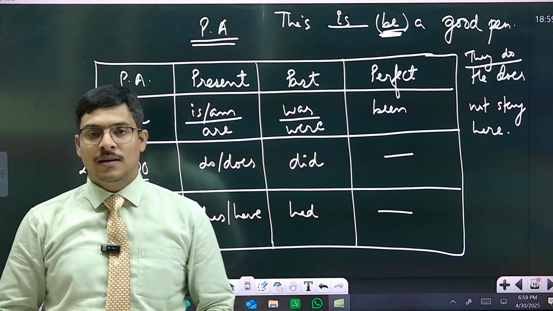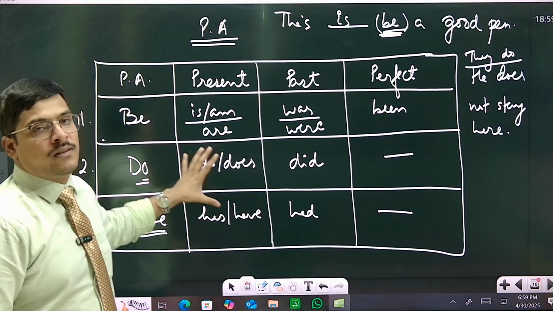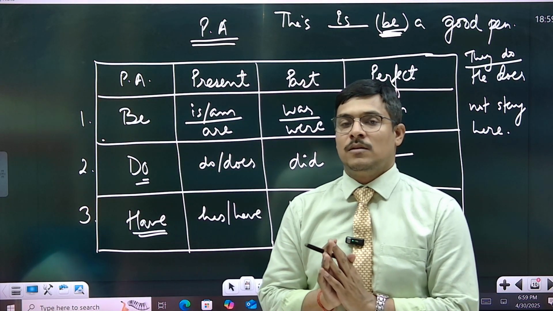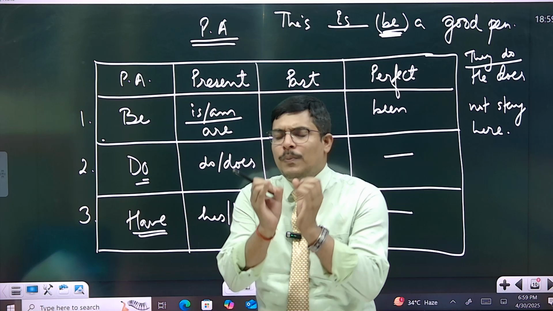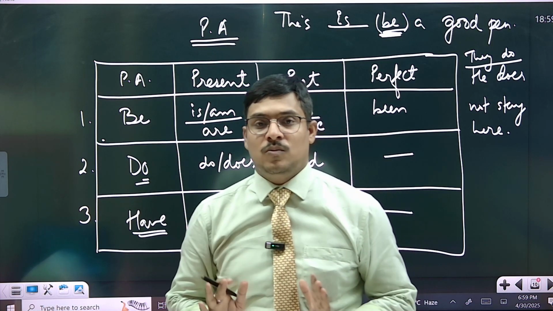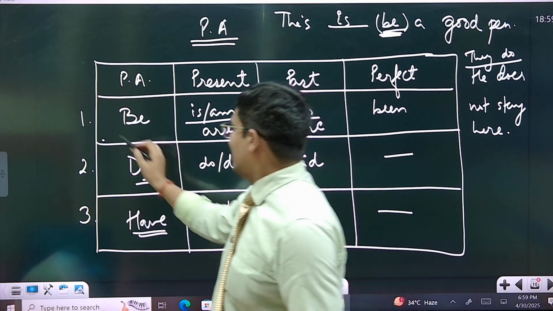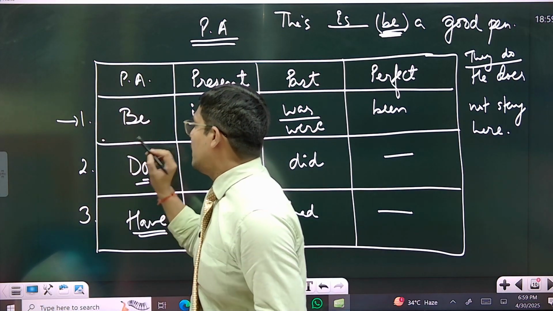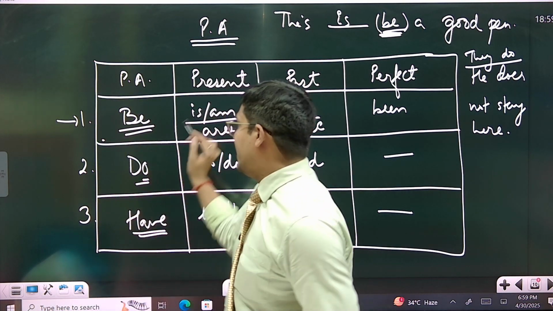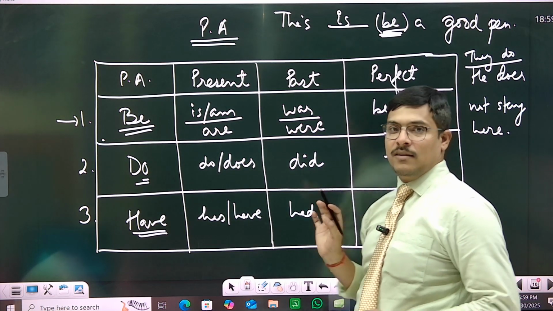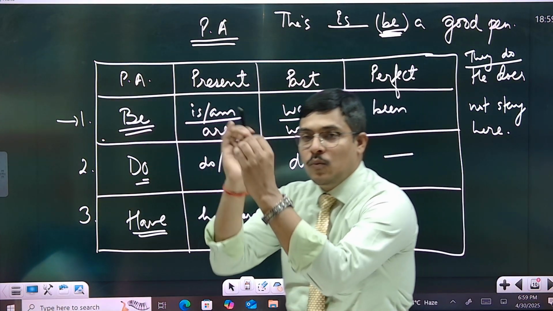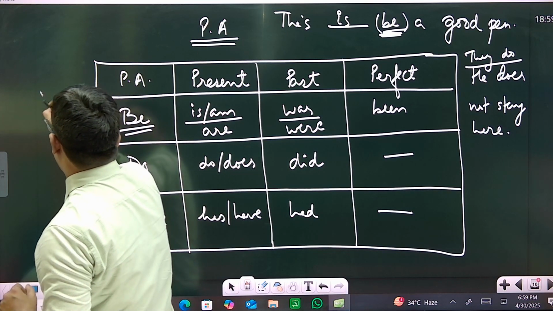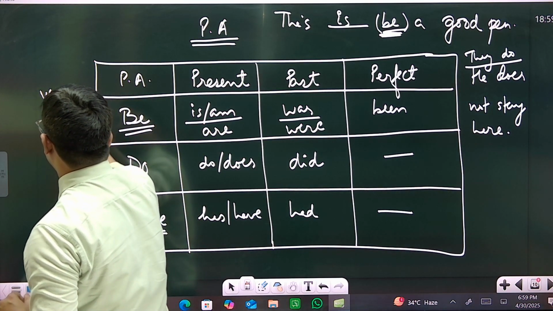Easy? Now, if you remember it, dear students, see how easy it becomes. I'm going to give you a simple and easiest trick now. Whenever you find primary auxiliary number one, that is be: is, am, are, was, were, or being. If the verb is in active case, it will always take the verb-ing form.